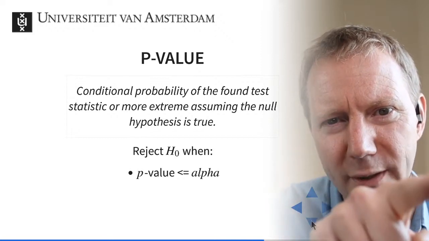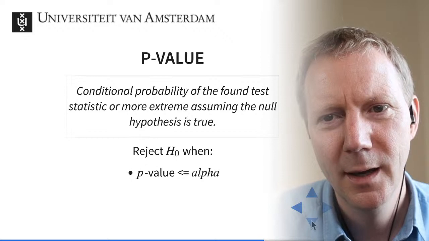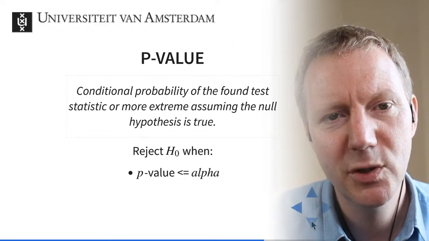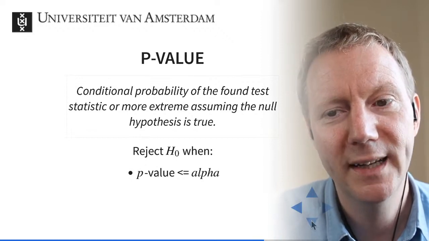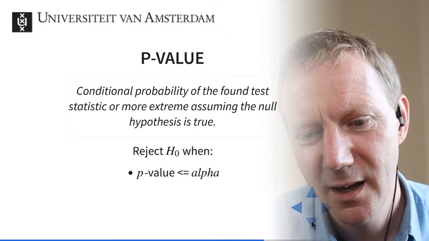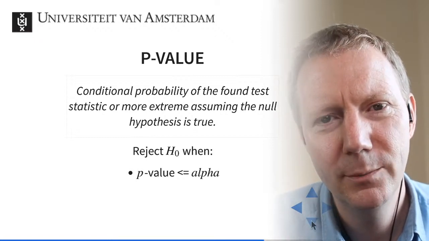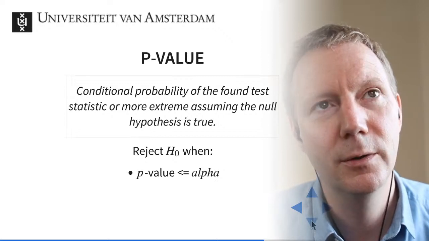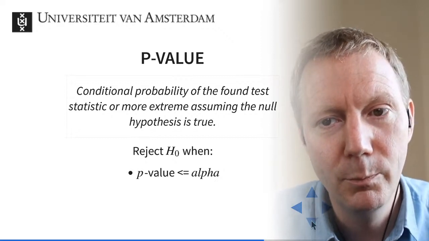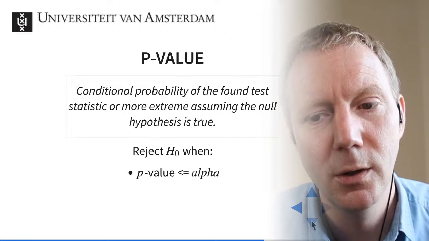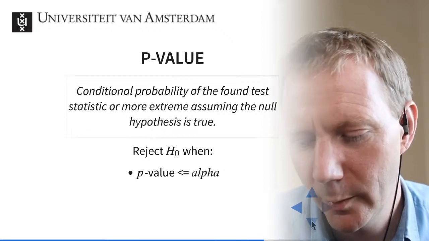So I can point at 2 times head. But if I want to define that in terms of probability of finding this test statistic or more extreme, then I have to look at all the other more extreme values as also belonging to the probability.